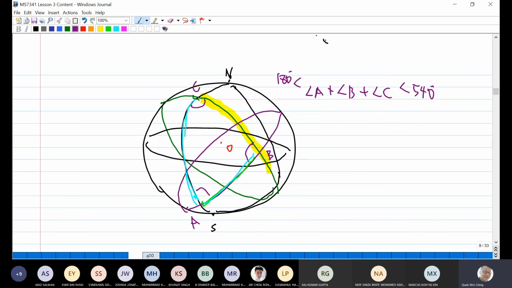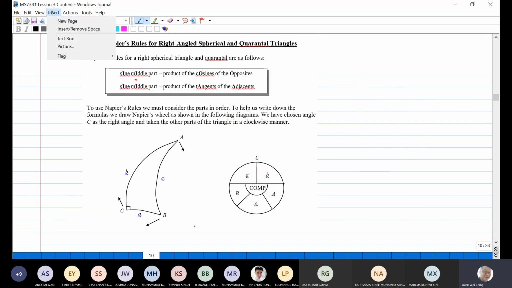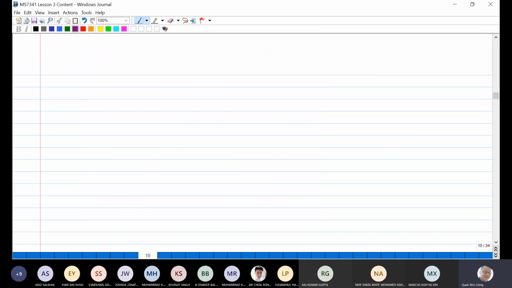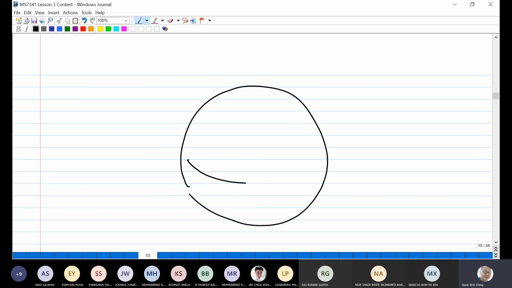So I'm going to give you another diagram again. Okay, so this is a sphere here again. Just take for example, this is the center of the Earth, North Pole and South Pole.